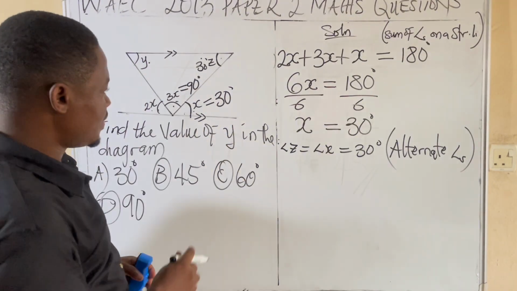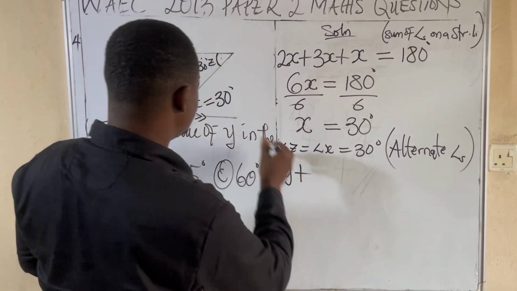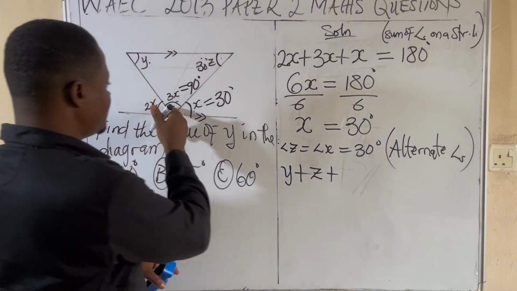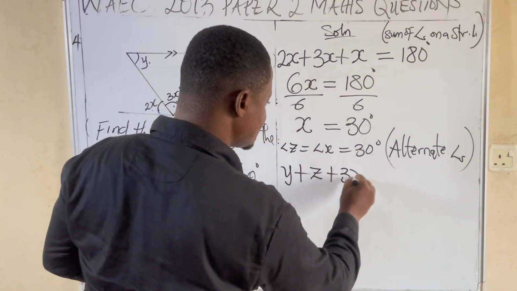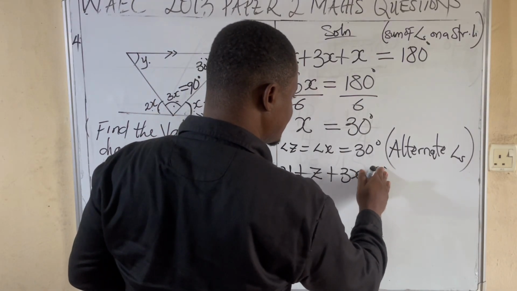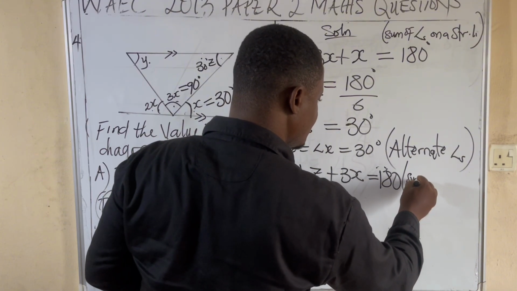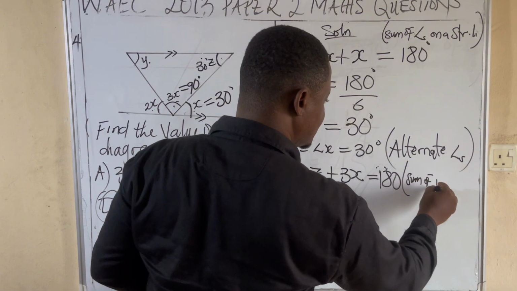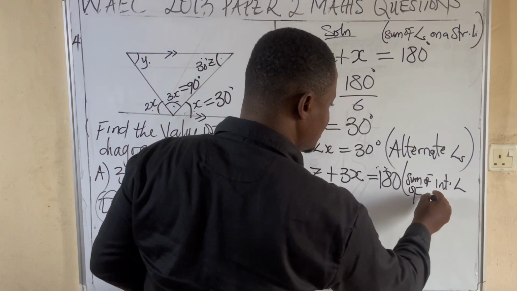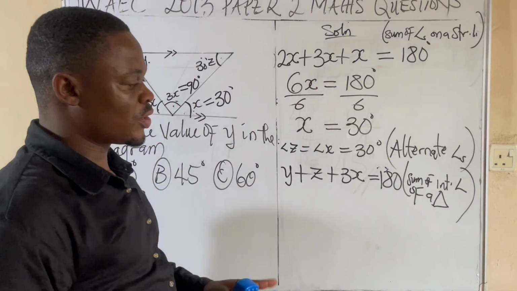So we now have that y plus z plus the value of this angle 3x is equal to 180 degrees. The reason is the sum of interior angles of a triangle.